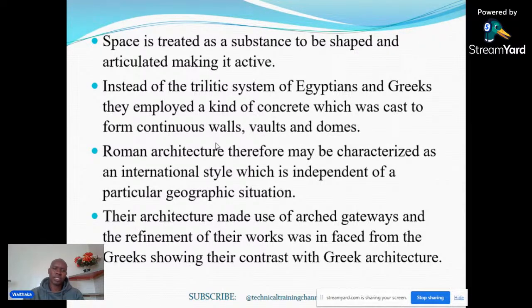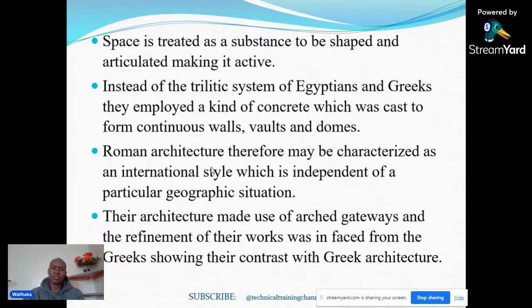So with the Romans, we are seeing an invention of a concrete-like material that helped them to build continuous vaults and domes. If you compare this with the Egyptian, where they used the trabeated system, that is so many columns with beams of stone spanning on top of the columns, then we can see that the Romans were able to really react to this, and they were able to do large walls, vaults, and domes easily due to the invention of concrete.